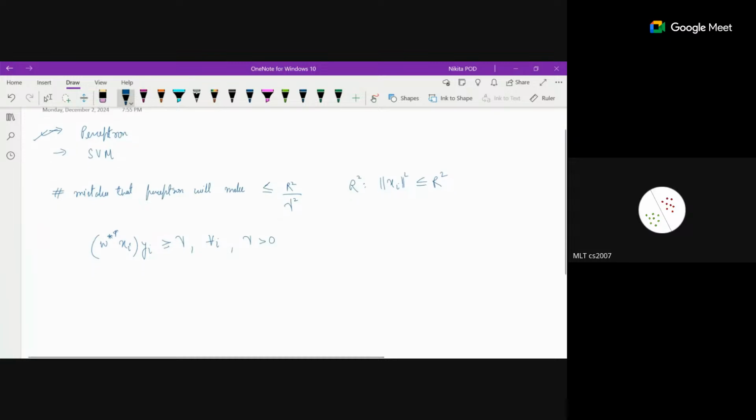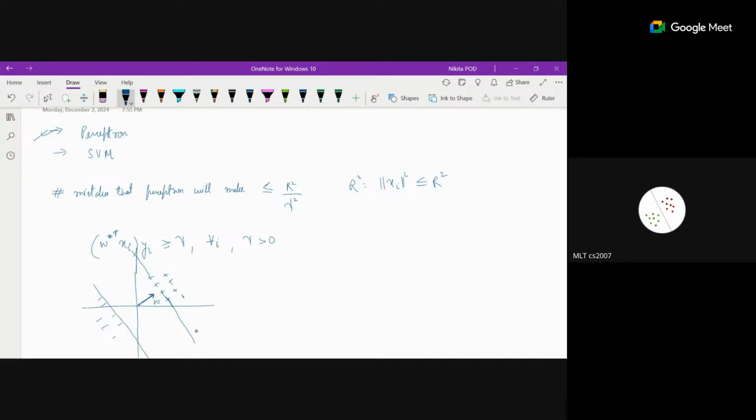So what does it mean geometrically? If we have a data set with all the positives on one side and negatives on the other side, there is some W star which separates my data set. This margin was gamma.